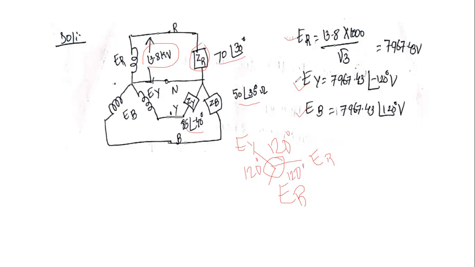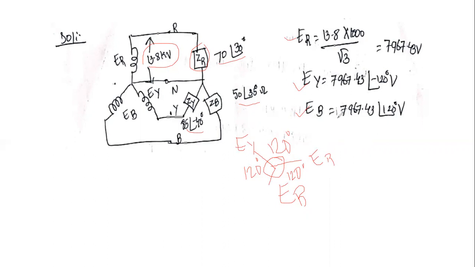Therefore, EY is equal to the ER value, 7967.43 at an angle of minus 120 degrees. The phase displacement between R and Y is equal to minus 120 degrees.